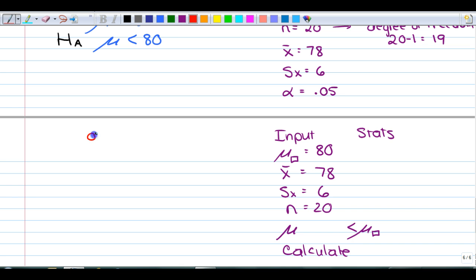My output tells me for an alternative hypothesis mu less than 80, and I just have to know that's the alternative hypothesis. The test statistic t is negative 1.4907, etc. And I just have to know that's my test statistic.